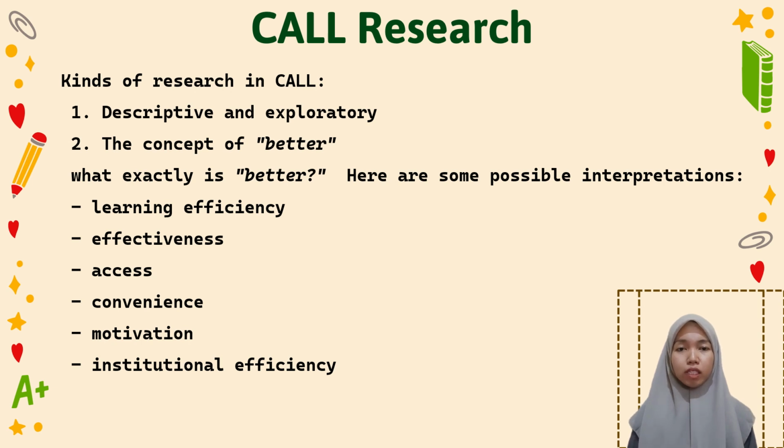Learners can get materials or experience interaction that would otherwise be difficult or impossible. Fourth, convenience. Learners can learn with more or less equal effectiveness across a wider range of time or place.